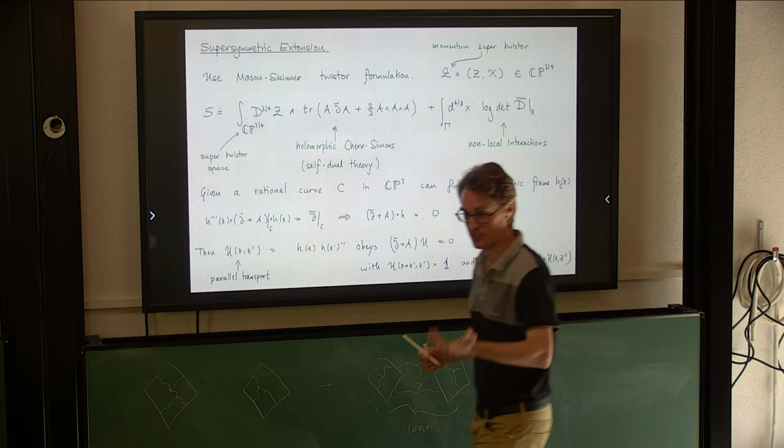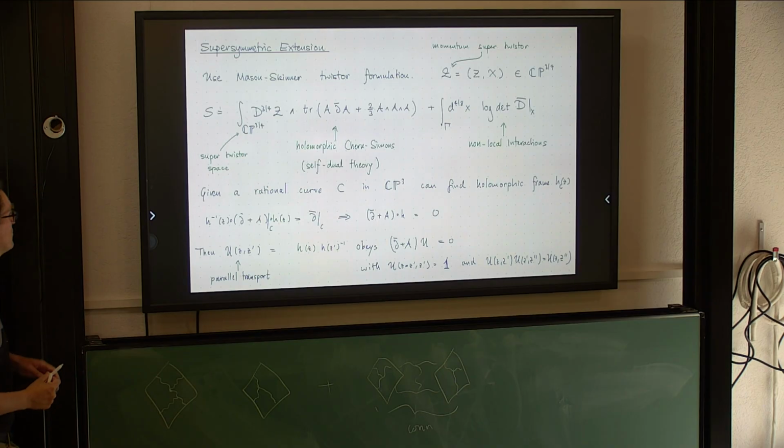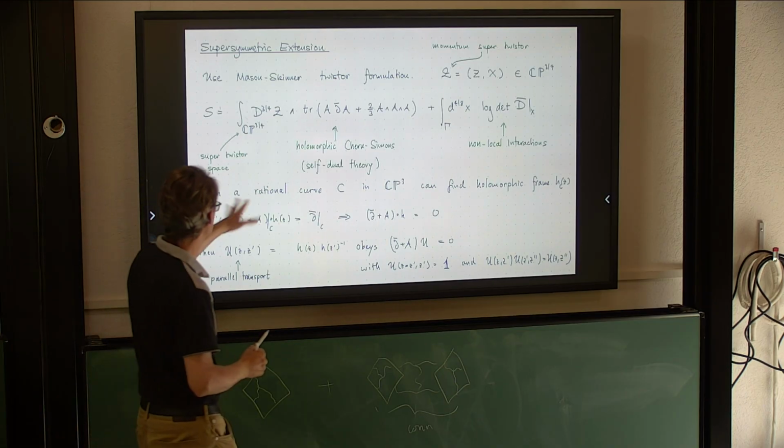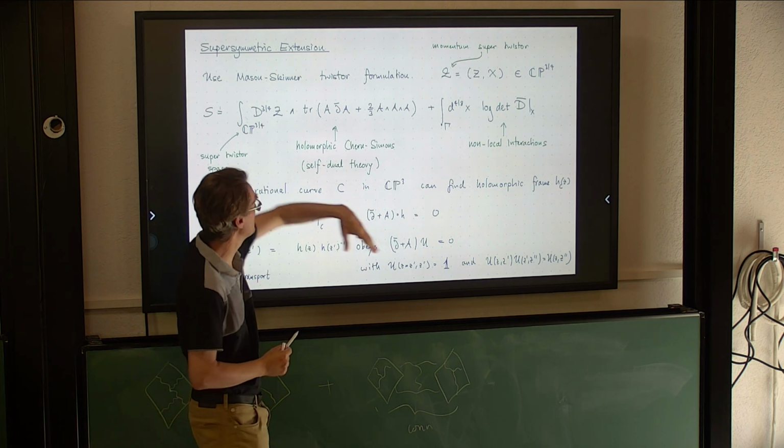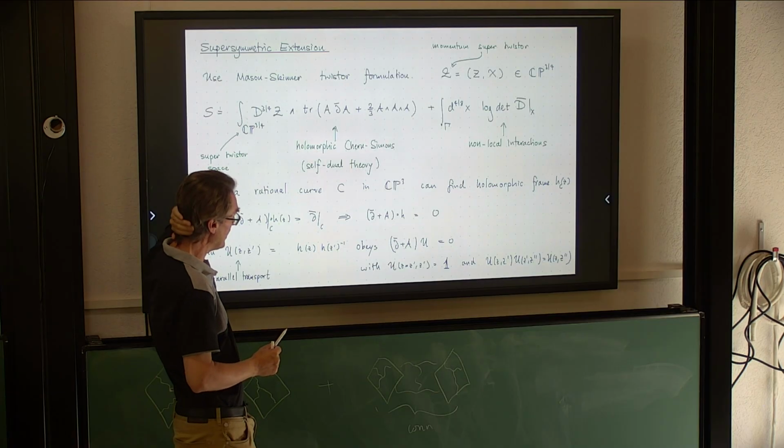Okay, and now the question is, how do we formulate our object that we're interested in computing in this formulation? So the idea is that you take some rational curve, some one-dimensional complex curve in this CP3.